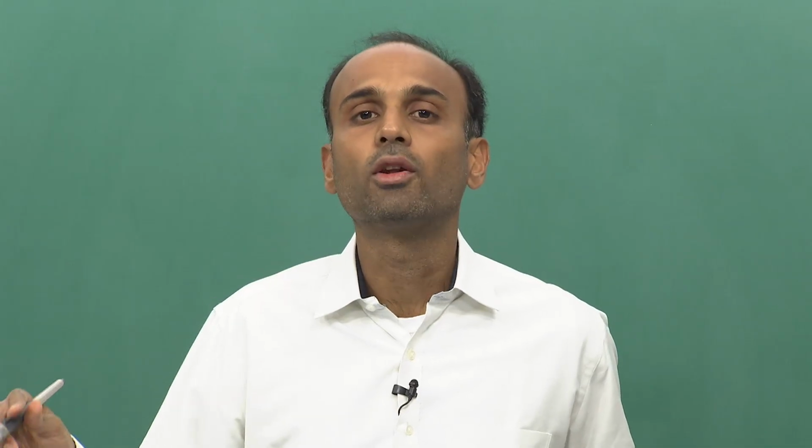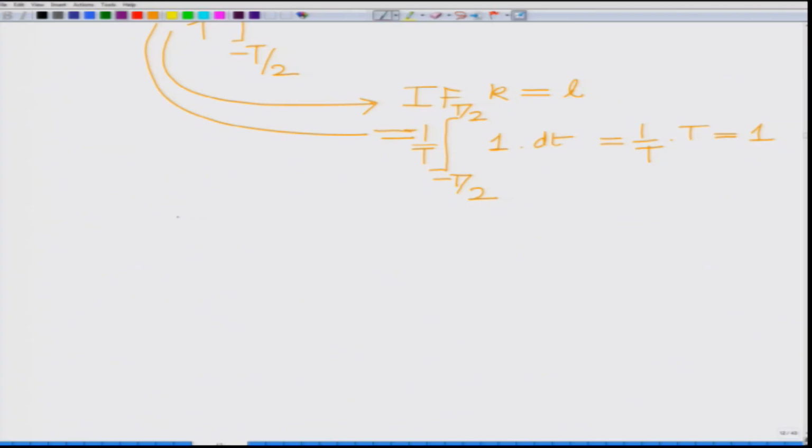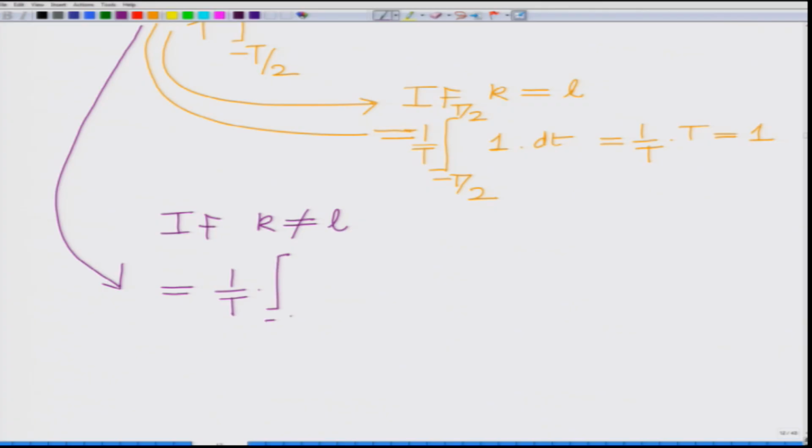Now, if k is not equal to L, that is, k minus L is not equal to 0, then let me write this again: 1 over T, the integral from minus T by 2 to T by 2 of e to the power of j 2 pi (k minus L) f naught t dt.